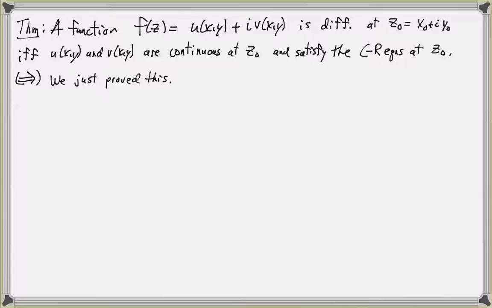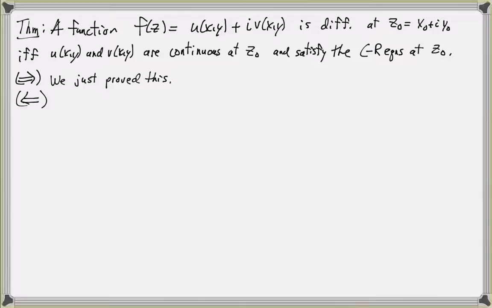And we know since f is differentiable at z0, it will be continuous at z0, and therefore the component functions will also be continuous at z0. So the rest of the proof of this theorem will be a bit technical, and it relies on proofs of continuity of real-valued functions of two variables, which might be seen in a multivariable calculus class.